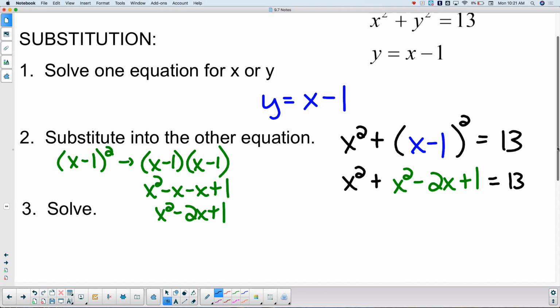Can we combine like terms? Yeah, okay. When I combine those like terms, does my squared term go away? No. So because my squared term doesn't go away, what do I got to do? Well, I would put a coefficient in front of it, but there's something else that would be the next step in solving.